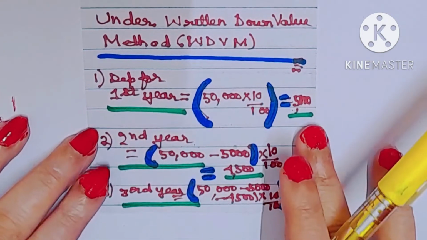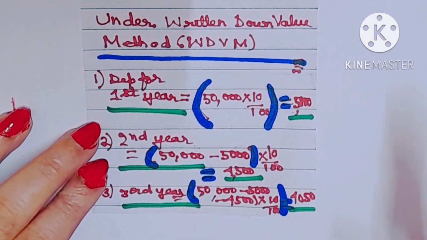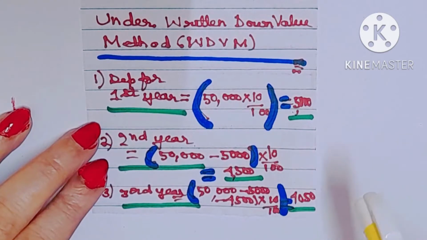I hope you understood. So what will be the third year's depreciation? Third year's depreciation will be the original cost of the plant and machinery minus first year's depreciation minus second year's depreciation, into the rate of depreciation, that is 10%.